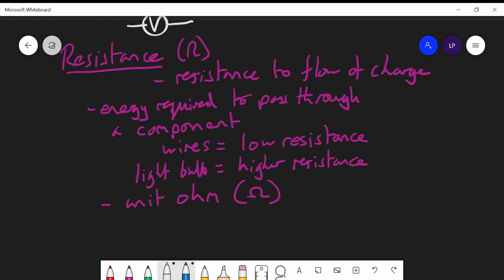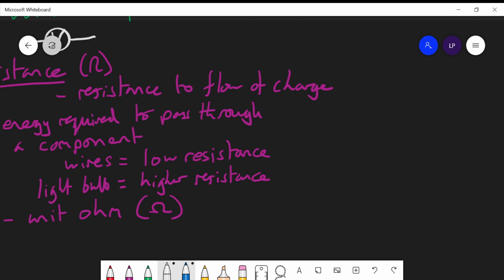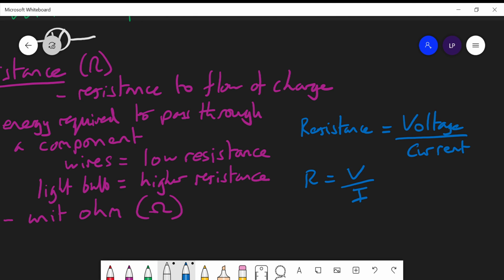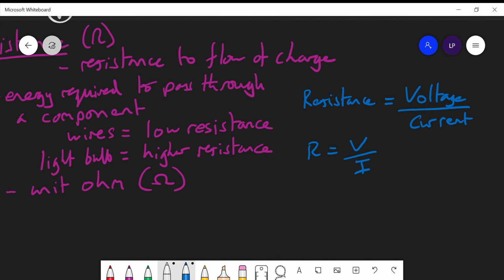And our lovely formula for it is resistance is equal to voltage over current, or R is equal to V over I. So the more resistance there is, the less current within your given circuit.